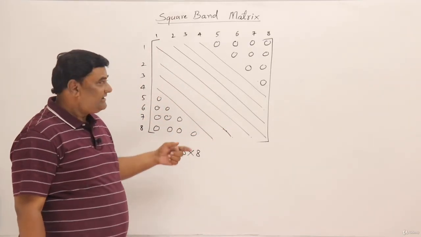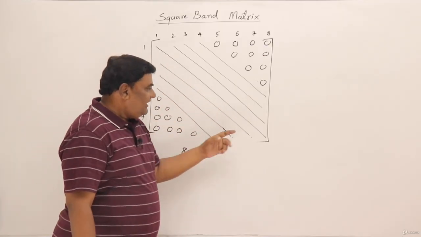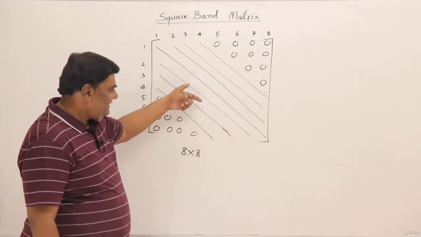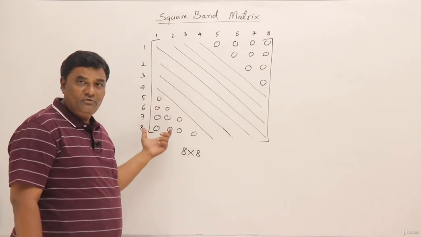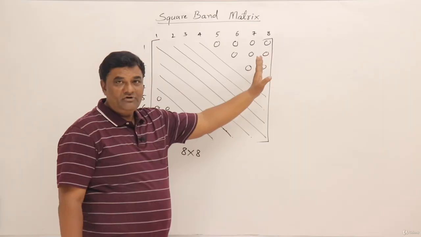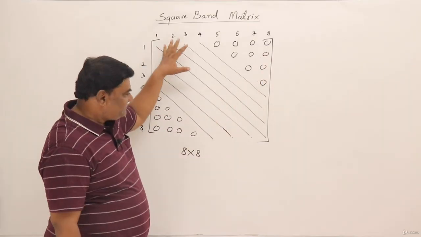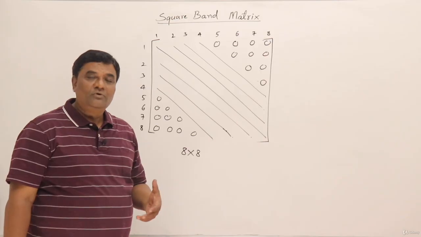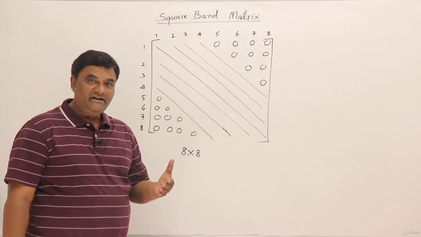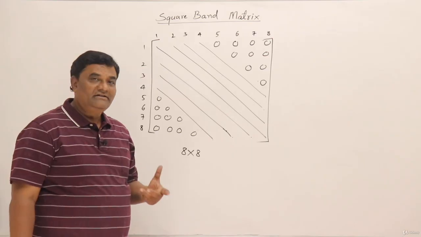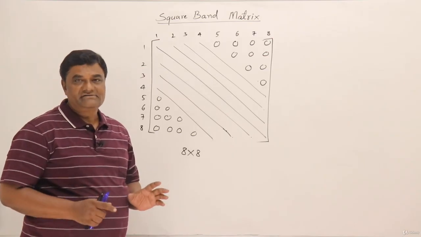But in a square band matrix, there is a main diagonal, and below the main diagonal there are more than one diagonals, like 1, 2, 3, and there can be more. And above the main diagonal the same number of diagonals are there. So it's forming like a band of diagonals. So when there are more than one diagonals below the main diagonal and we have an equal number of diagonals on both sides, then it is called a square band matrix.